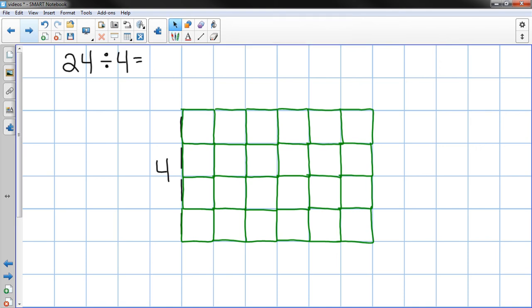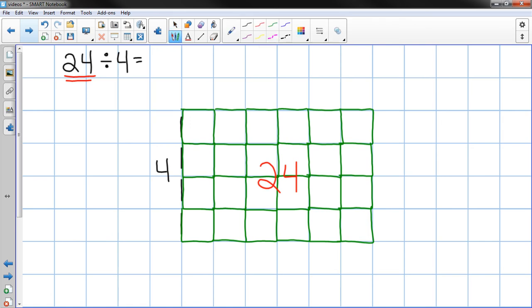When I get to 24, that's important that I stop because I'm trying to make 24 for my area. So I have 24 squares in there.